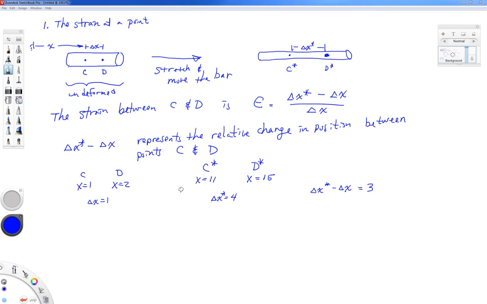Another way to say the change in position is the displacement of a point. So we will be able to write the strains in terms of displacements.